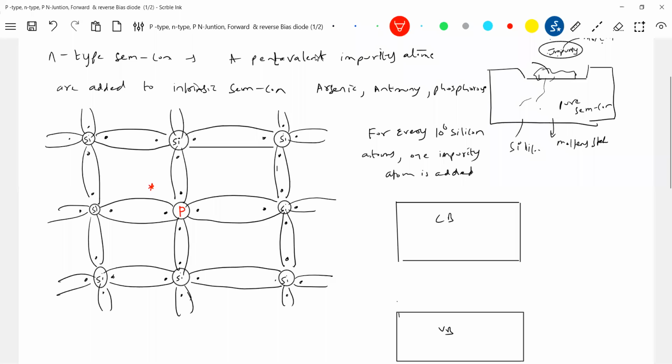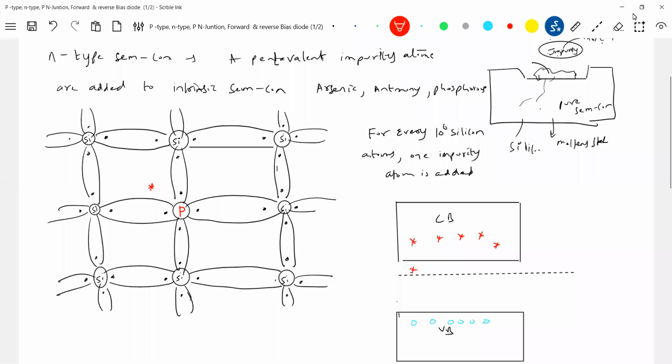Now, due to thermal agitation, we get a few holes that are generated. Next, we have this donor level. It will come here. For the addition of one impurity atom, one electron will be available here.